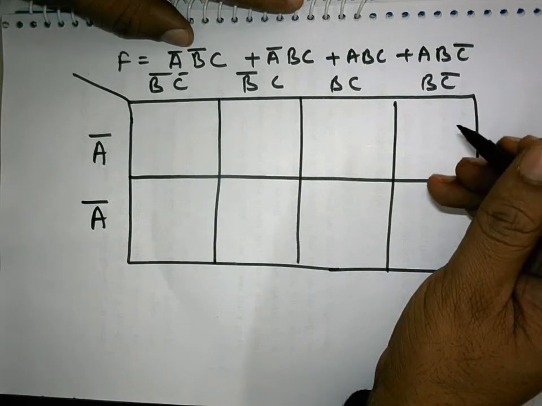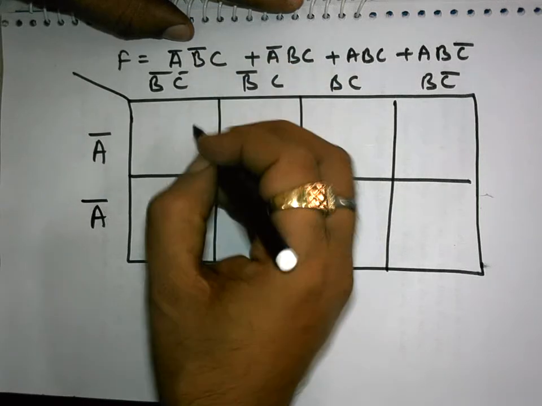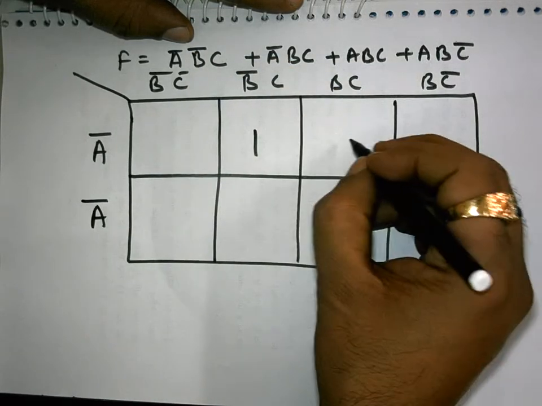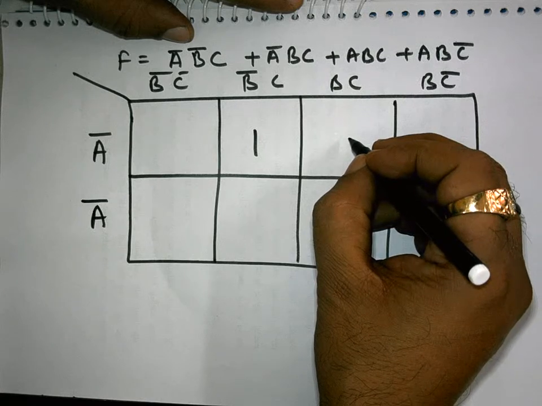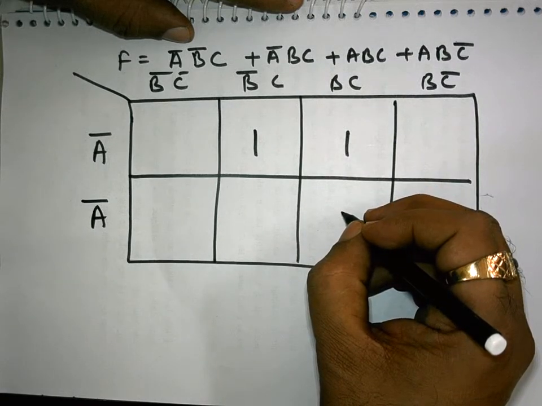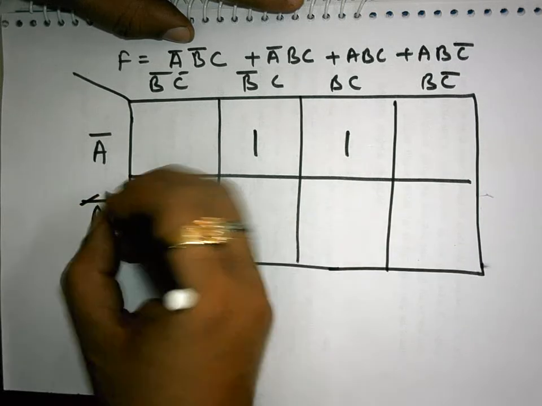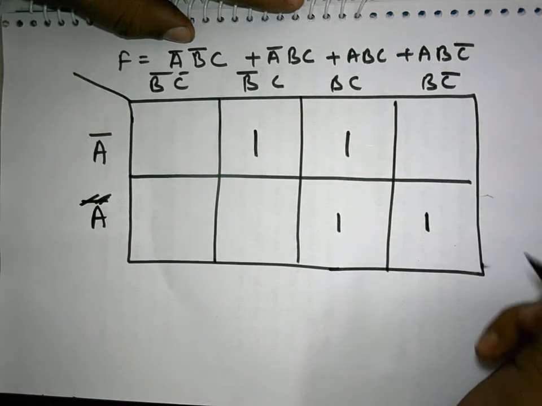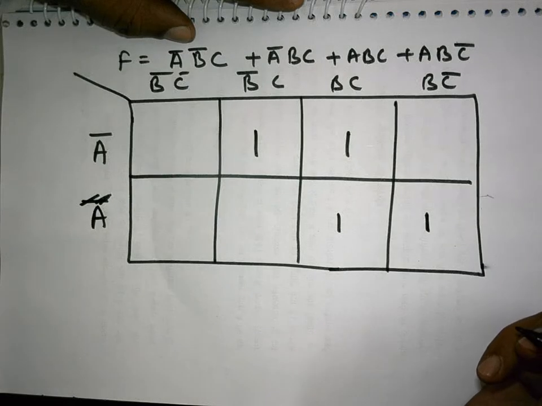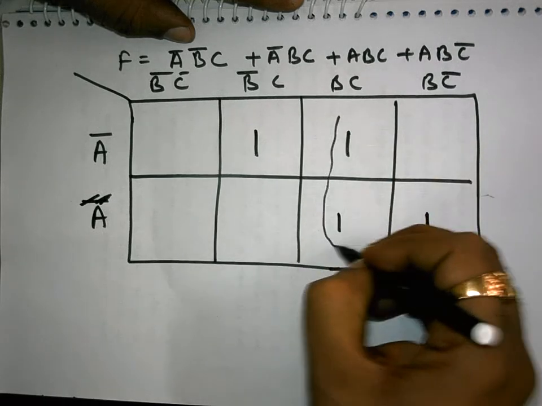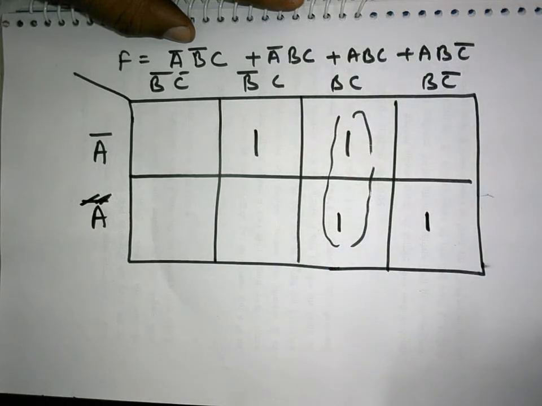So where should we map these min terms? A bar, B bar, C means here it is 1, then A bar, BC, here it is 1, then ABC, sorry, this is A, no? ABC, this and ABC bar, okay. Now just to minimize this, if somebody is thinking like this, he may be wrong.